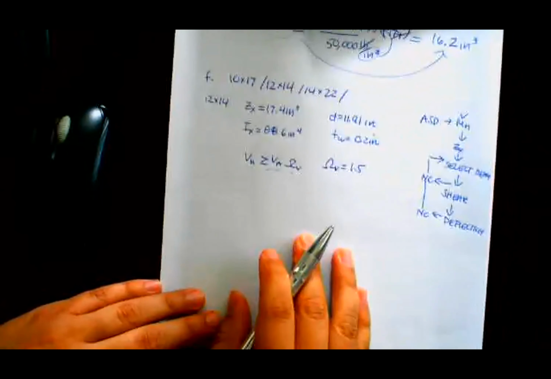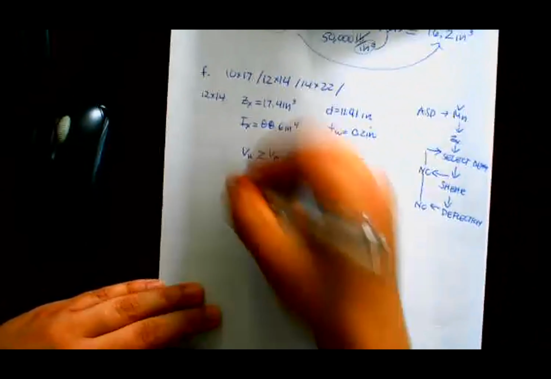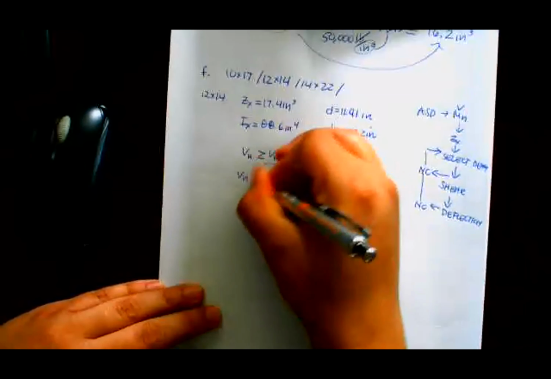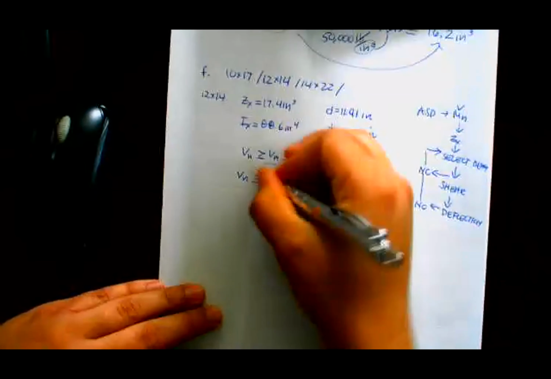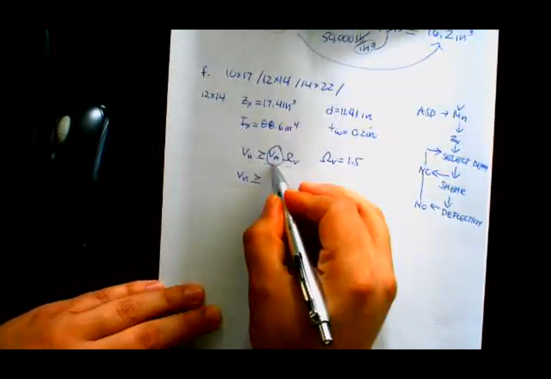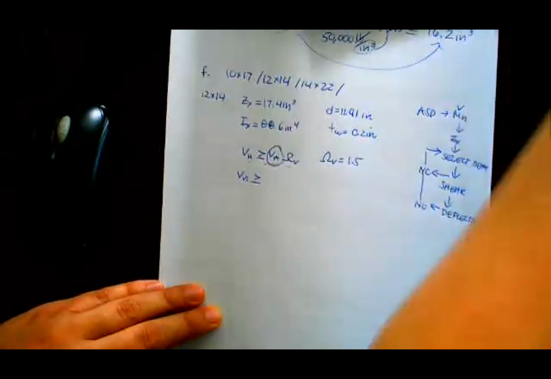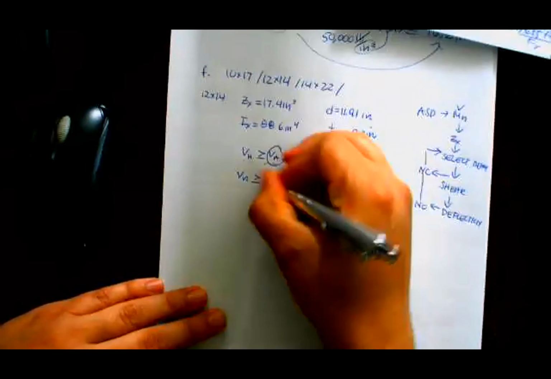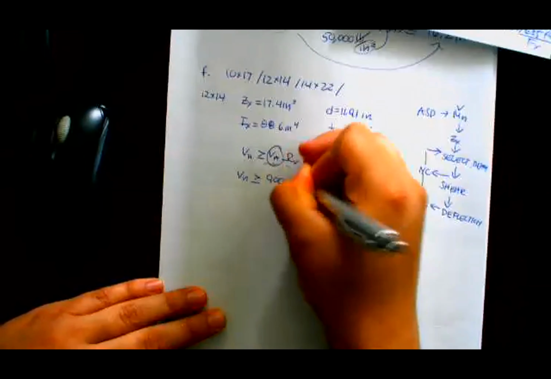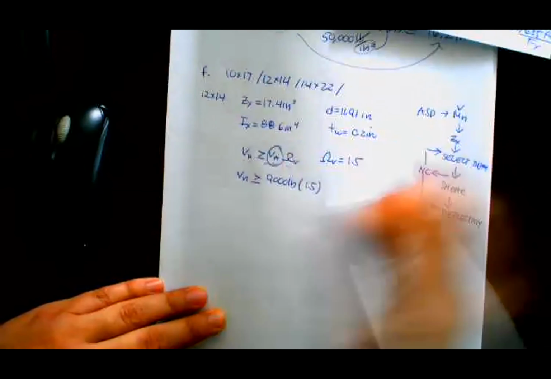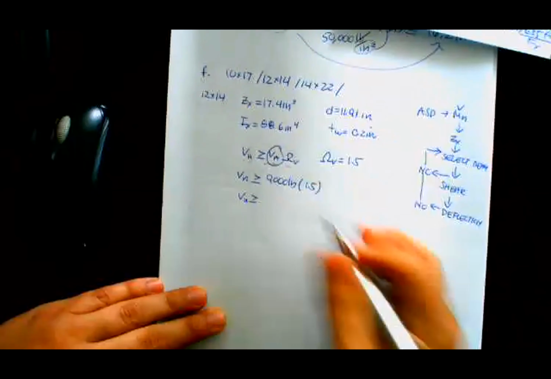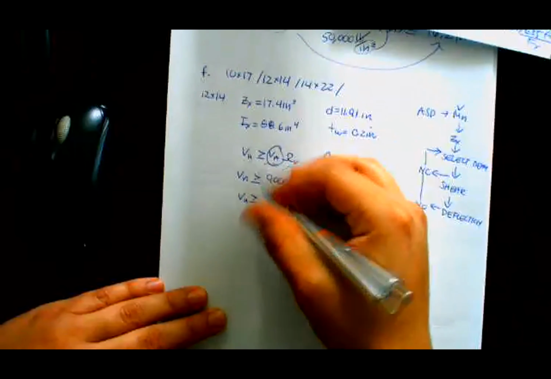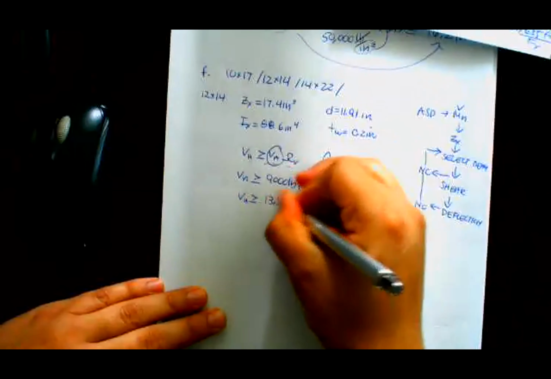So now, why don't we determine the maximum shear that the beam can experience? Well, the end reactions are the maximum shear. So if I go back to my beam diagram, this was the shear of the beam. So I'm going to plug that in. And then I'm going to multiply it by the safety factor. It tells me that the maximum shear better not be greater than 13,500 pounds.